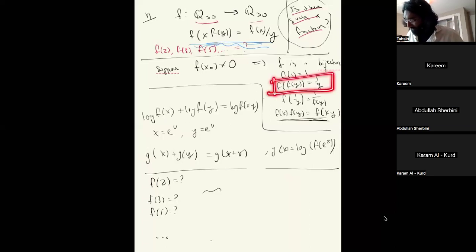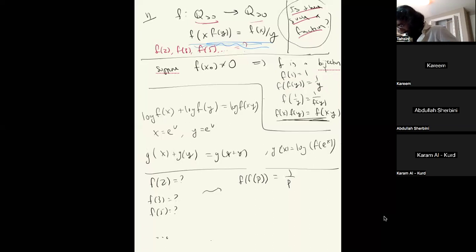What is this really telling us? So I think if you look at f of, I'm going to say p now. So f of p equals 1 over p. So p is a prime now.